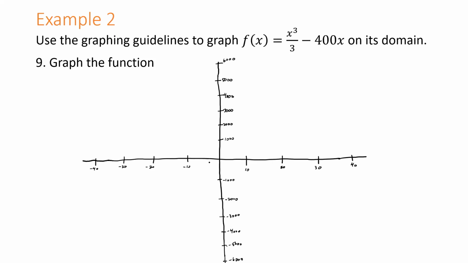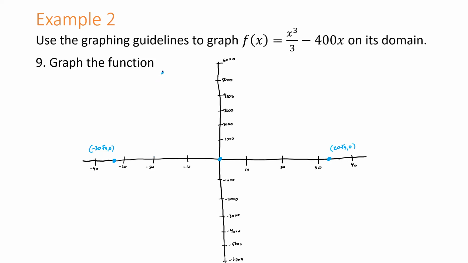So I'm going to put down those key points that we found. We had 0, 0 was our x and y-intercept there. We have the other x-intercepts, say over here and over here, plus or minus 20 radical 3. We have the local maximum and local minimum values at negative 20, 5,333.